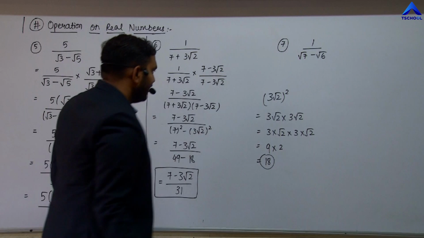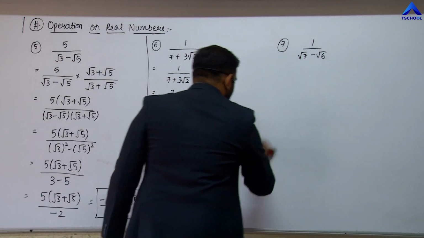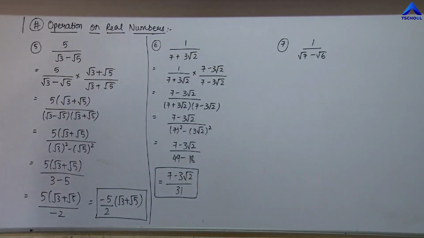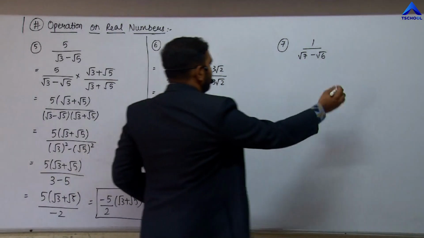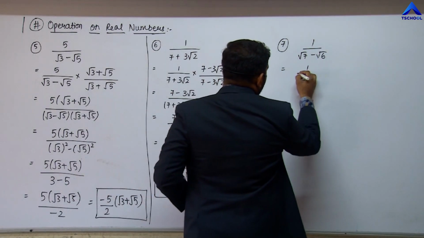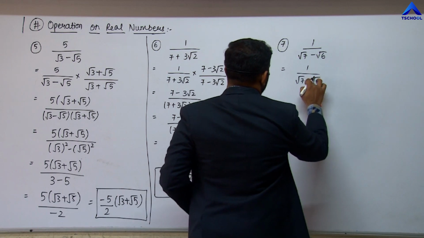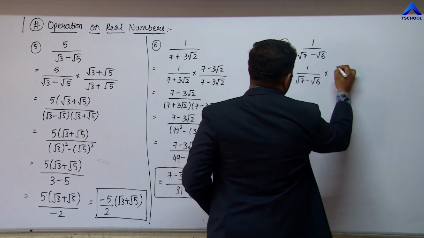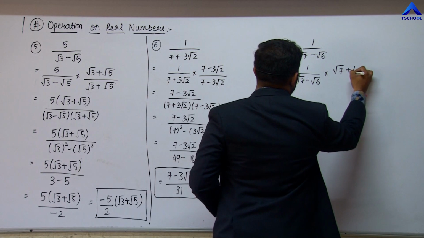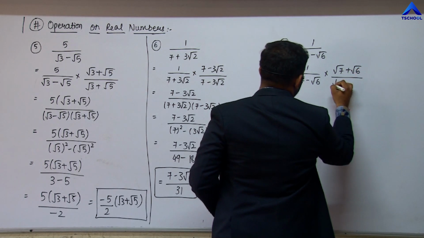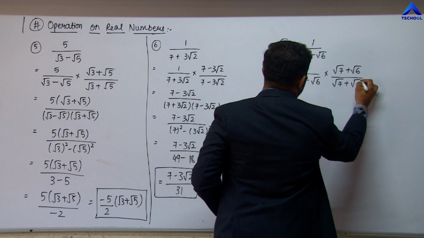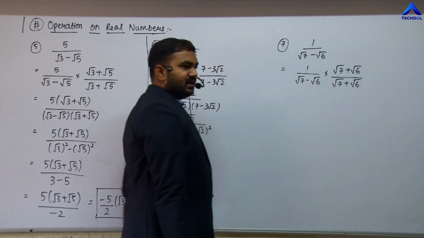Okay friends, so that is it about 1 upon 7 plus 3 root 2. In this way you can perform the rationalizing of the denominator. And lastly, I am having this root 7 minus root 6 that is to be multiplied and divided by root 7 plus root 6 into root 7 plus root 6, right?